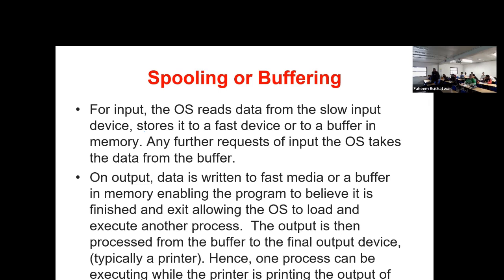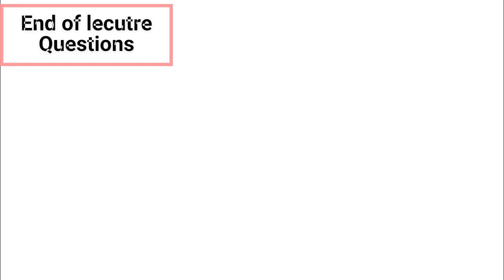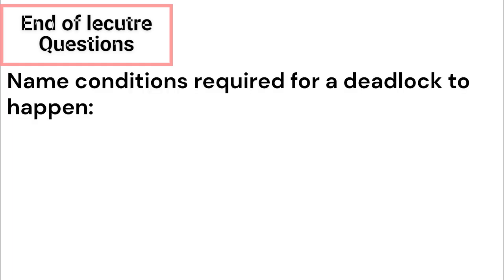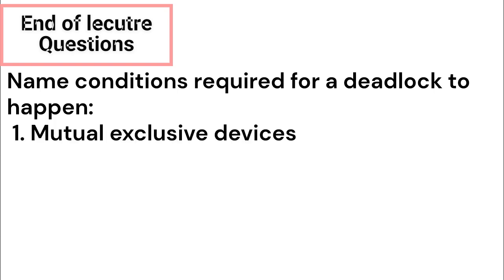Who wants to leave first? Right, answer me this question and go. Name me 3 conditions required for a deadlock. Remember, deadlock needs 4 conditions for it to happen. Name 3 and go. No, wrong answer. Mutual exclusion. Thank you. What's the first one? Mutual exclusive devices.